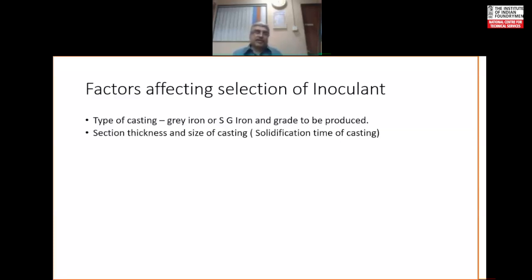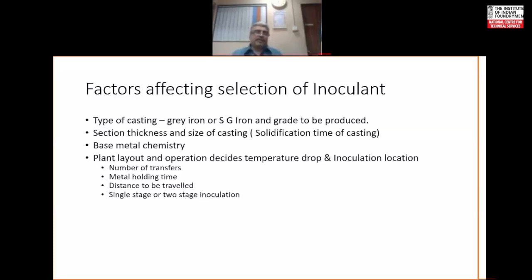Then we have to consider the section thickness and size of the castings. We talked about this point earlier. Then base metal chemistry, which depends on what grade you want to produce. Then another important point from the timing and temperature point of view is plant layout and operations. How many transfers of metal are happening from the furnace to the actual pouring of the mold?